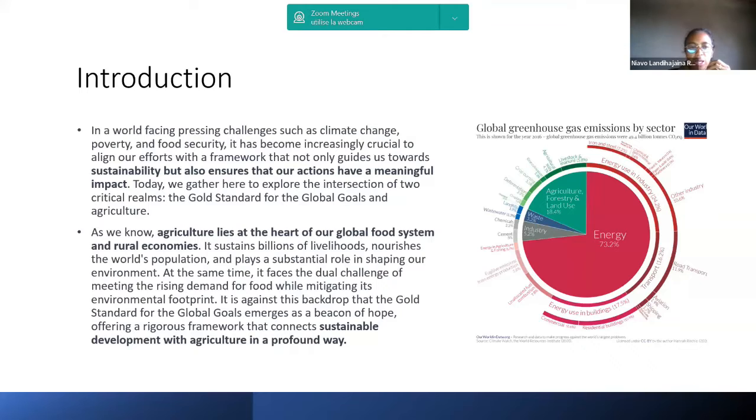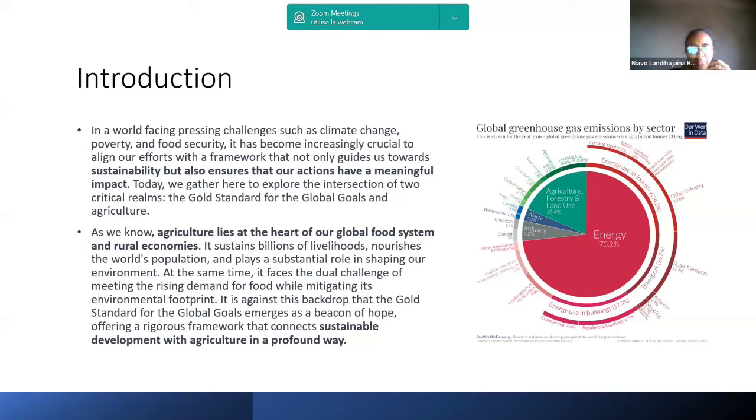As we know, agriculture lies at the heart of our global food system and rural economies. It sustains billions of livelihoods, nourishes the world's population, and plays a substantial role in shaping our environment.